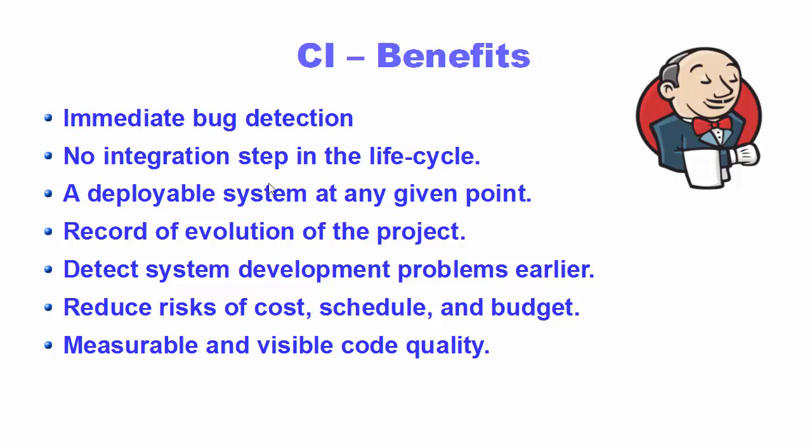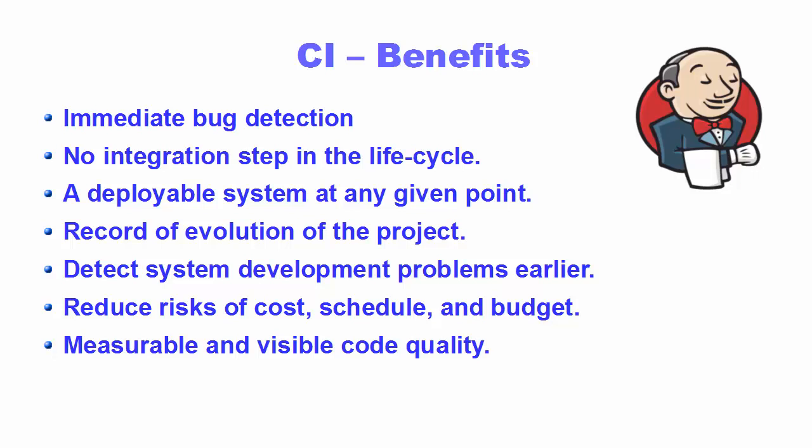Next, you have a record of the evolution of your project. For example, how many times your build succeeded or your test succeeded, and at what change or at what point your build failed or your unit test failed. It's going to keep a record of everything, so you can see it later.